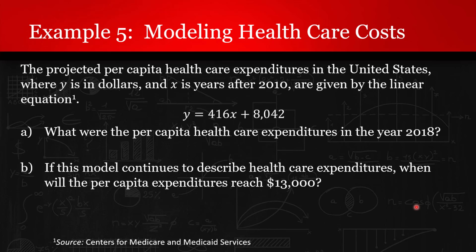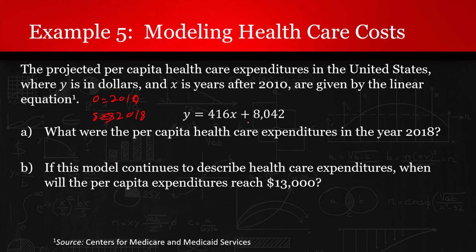Now here is an example of a linear mathematical model. Here we have the projected per capita healthcare expenditures in the United States, where y is in dollars and x is in the years after 2010, given by this linear equation right here. And the question is, what is the per capita health expenditure for the year 2018? Well, if 0 corresponds to 2010, then 8 corresponds to 2018.